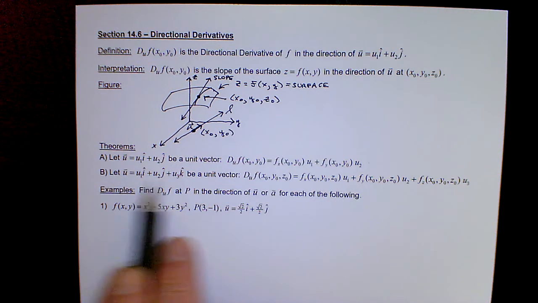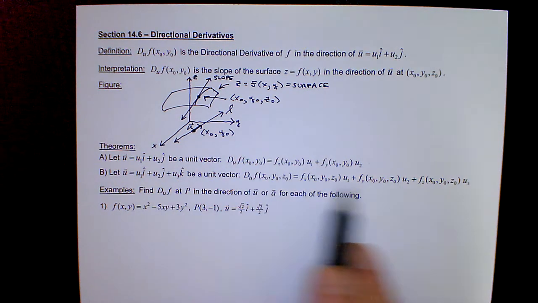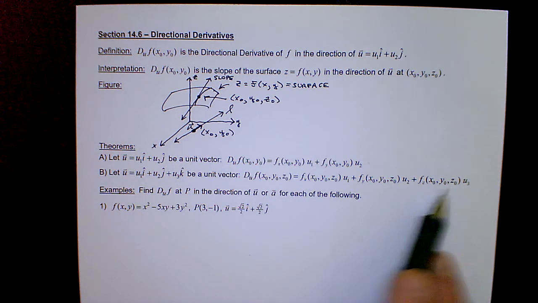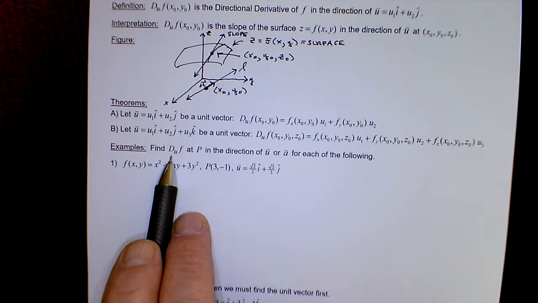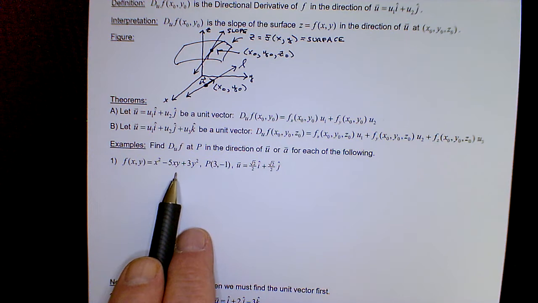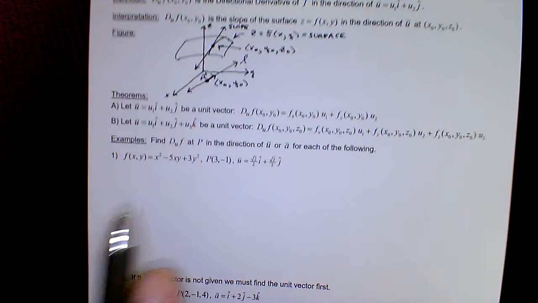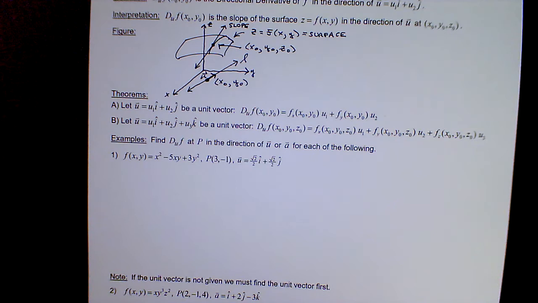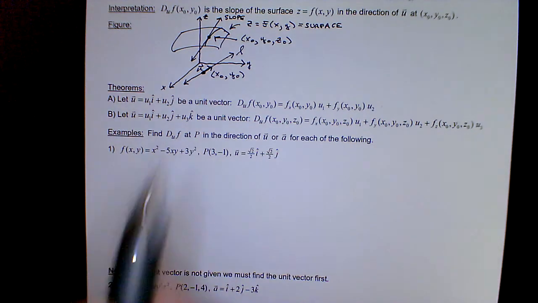And then we can extend that further to a function of 3 variables, as we did here. One of the important things to remember is you need a unit vector, and we'll see that reinforced in our second example. But in the first example, we're given the unit vector, and we're given the function.